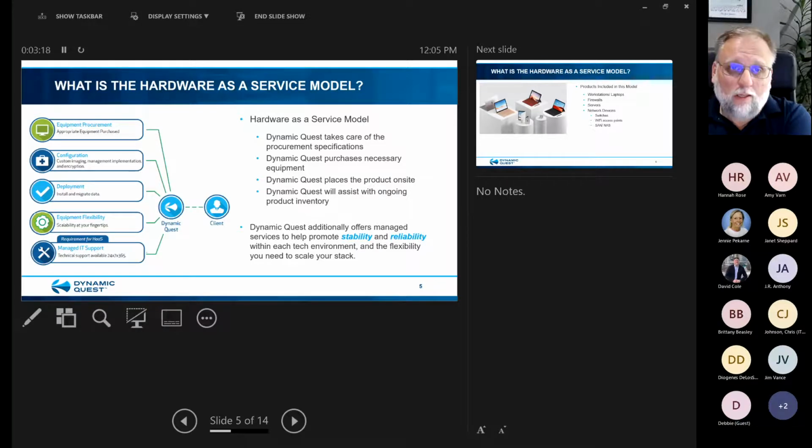That's really a unique advantage because leasing companies don't do that. Perhaps with how you're procuring hardware today, you may or may not be working closely with your MSP to determine what's required or what's the best fit. You also may not look long-term with it.